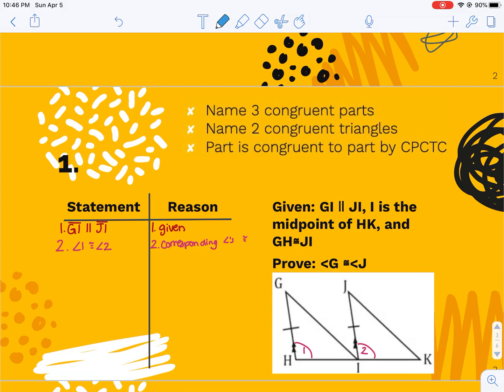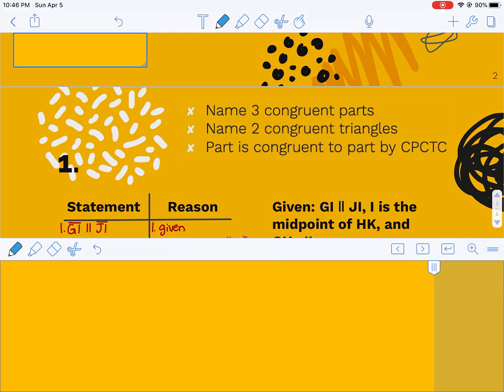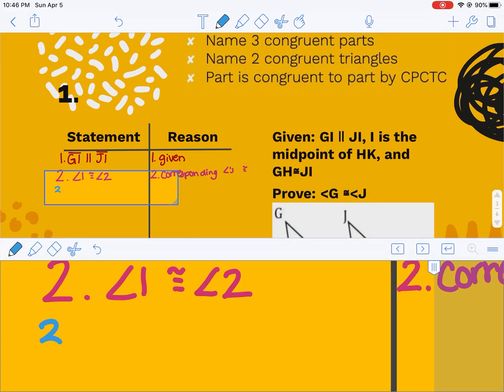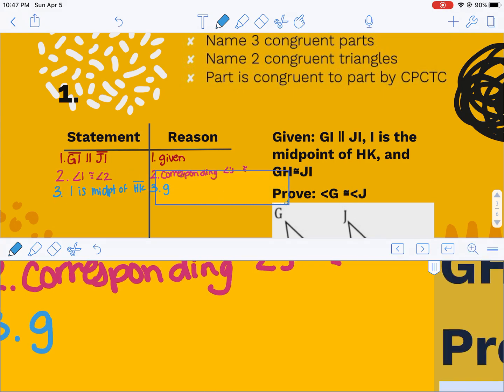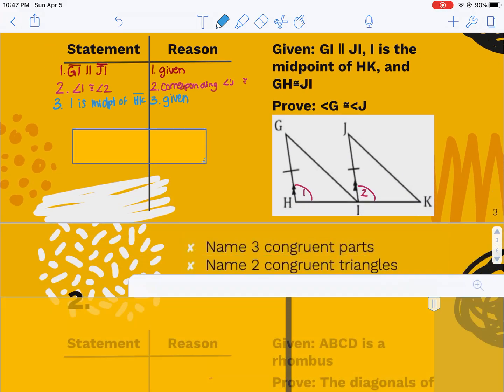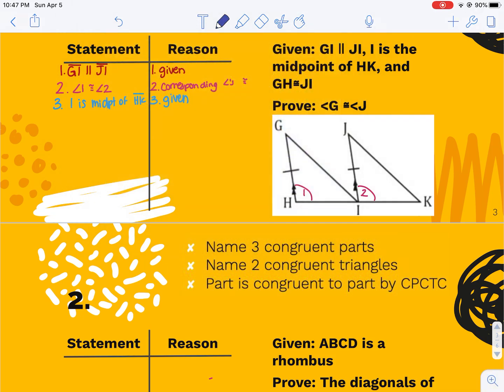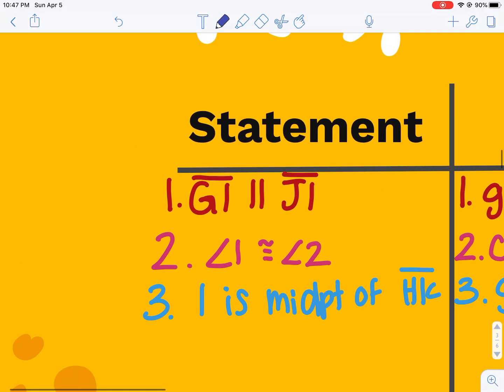I'm also then told that I is the midpoint of HK. And that was written out for me, so it is given. Because I is the midpoint, I can prove that HI and IK are the same.